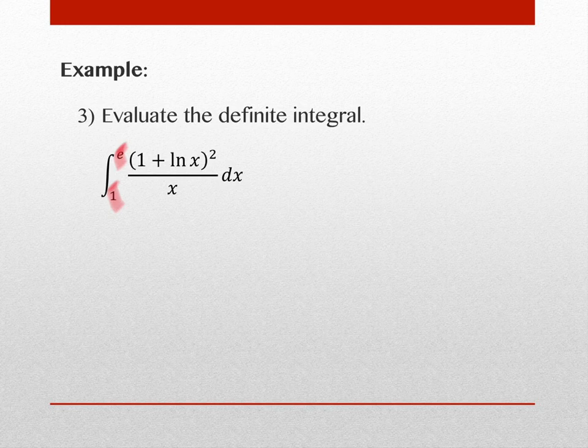So taking a look at this one, I see something that has a log in it. That's got to be part of what's going on with my u. I also see a naturally occurring parenthesis, which also identifies that my u is going to be the part that's in parentheses, 1 plus the natural log of x.